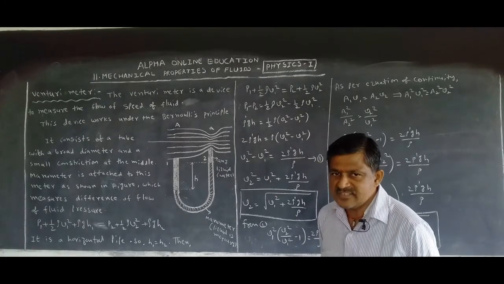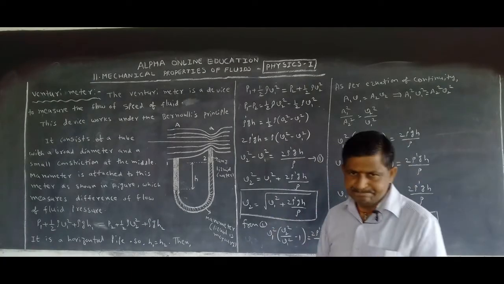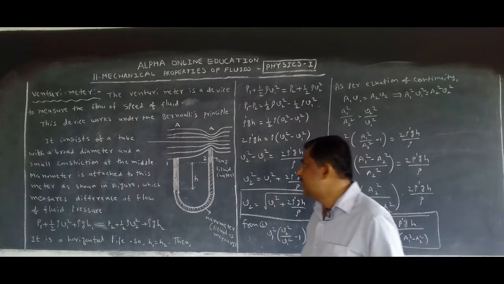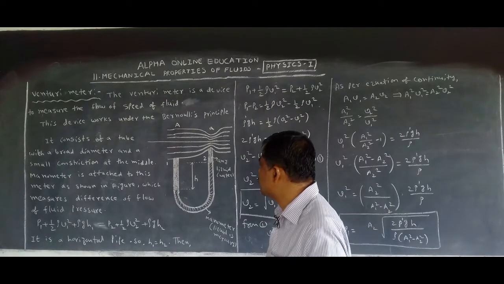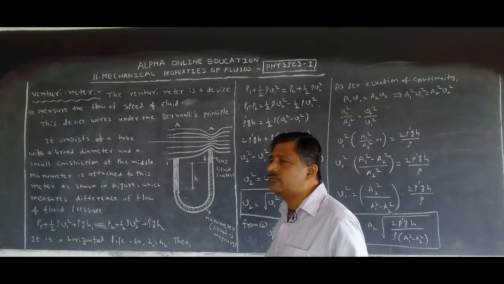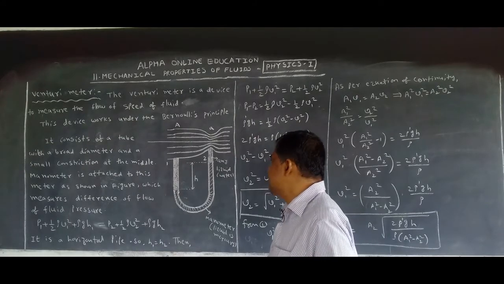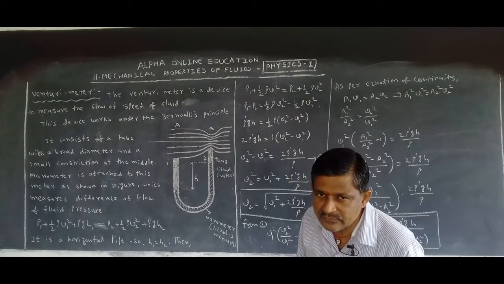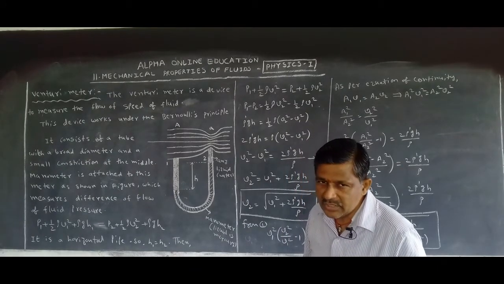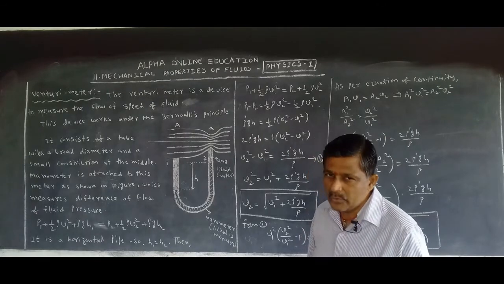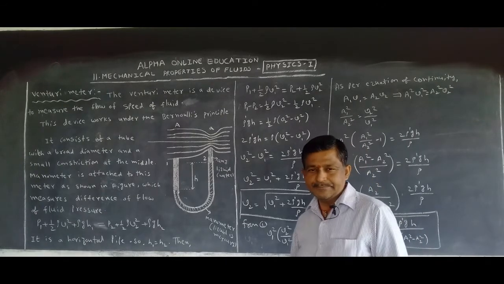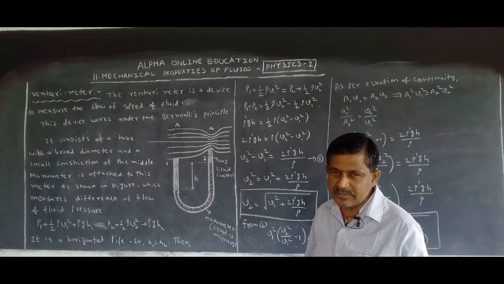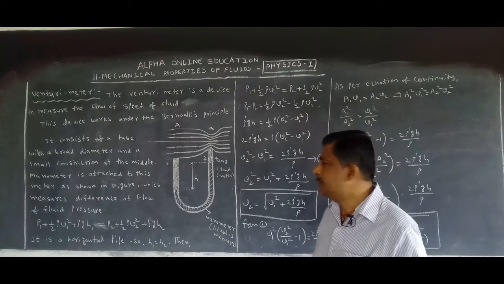Venturi meter. This meter is designed by the scientist Venturi. What is the use of this instrument? This instrument is used to measure the flow speed of the fluid, as it flows from a pipe of huge diameter into a narrow pipe.